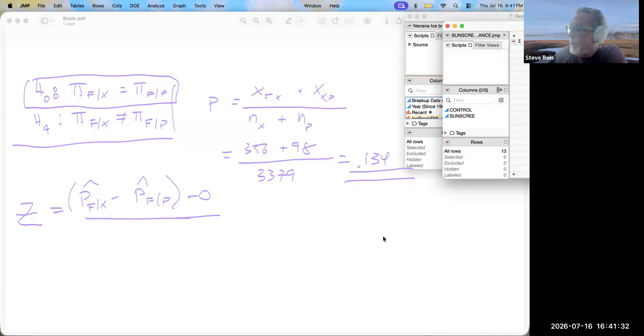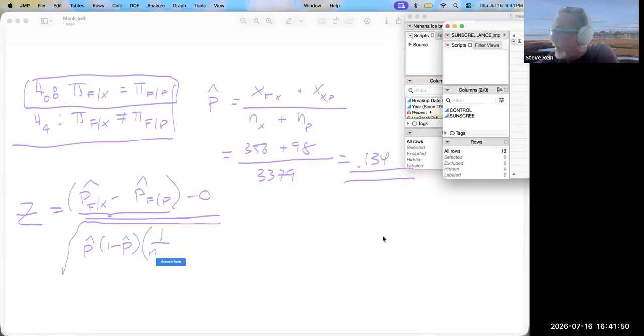And we're going to divide through by our standard deviation of the distribution of the possible differences of sample means. And that is literally our P hat, the common rate, times 1 minus P hat, times 1 over N for the Xenical group, plus 1 over N for the placebo group. Yay.